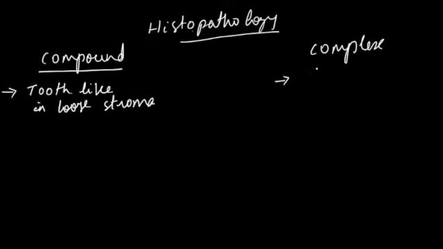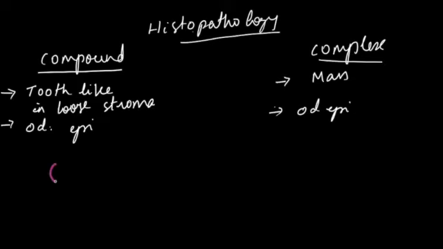Whereas in complex odontome, you will see this calcified material as a mass which has enamel, dentin, cementum and variable amounts of pulp tissue. Even in compound odontome, you will see all these hard tissues, enamel, dentin and pulp, but in a very organized way. Here it will be quite complex in complex odontome. And you will also see odontogenic epithelium, but very prominently this odontogenic epithelium will be seen in complex odontome.